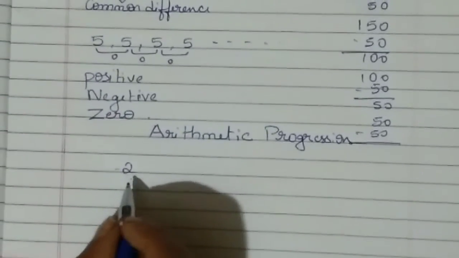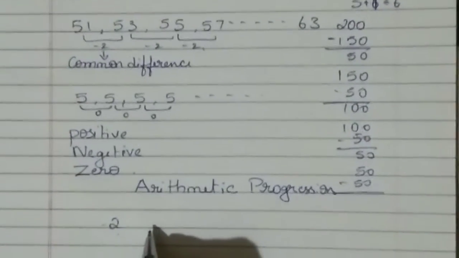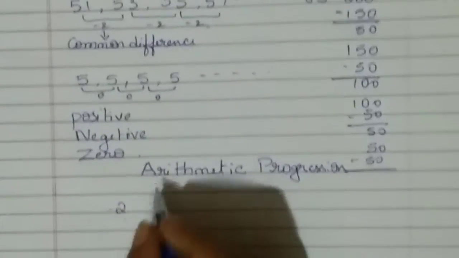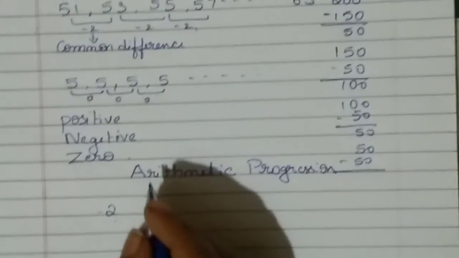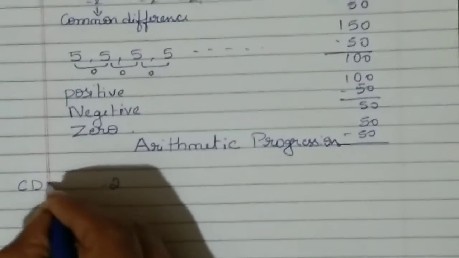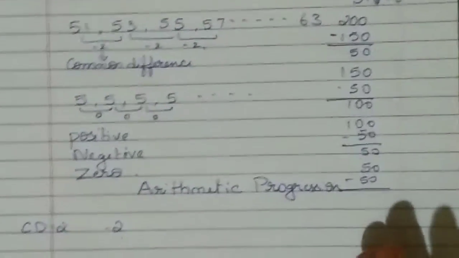Can you write down an arithmetic progression here? No. Why? Because there are no terms or there is no common difference. Right. So you want a common difference. I'll give you a common difference. See, common difference is 2.